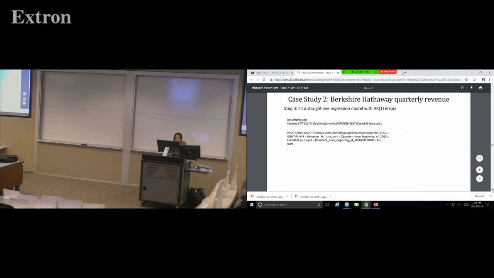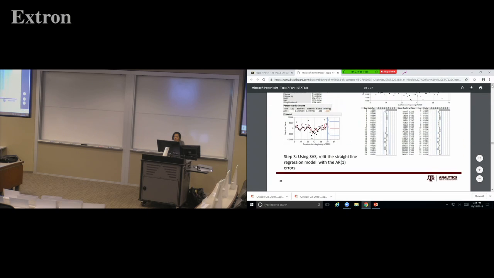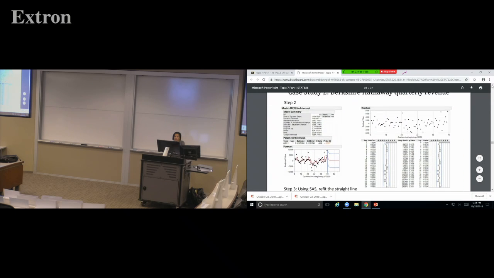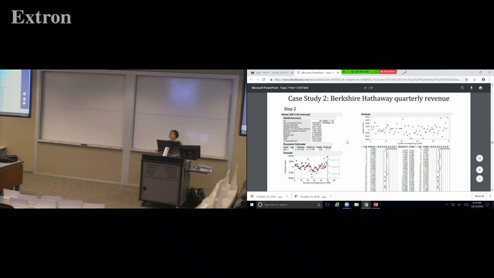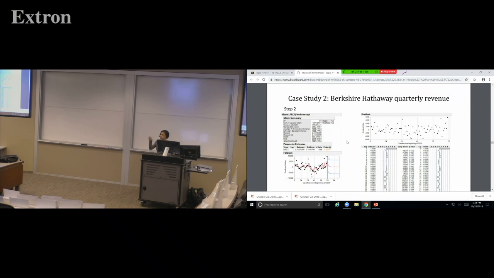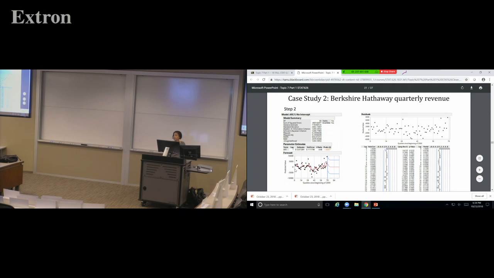Using SAS, here is the PROC ARIMA using the autoregressive order 1 errors, p equal 1, on our Berkshire Hathaway data. A question in the back, Sarah. So on the previous slide, the residuals we're looking at there, is that from the AR1? This is fitting an AR1 to just the residuals. In the right-hand corner, these are after fitting an AR1 to the residuals, so it's the residuals of the residuals.